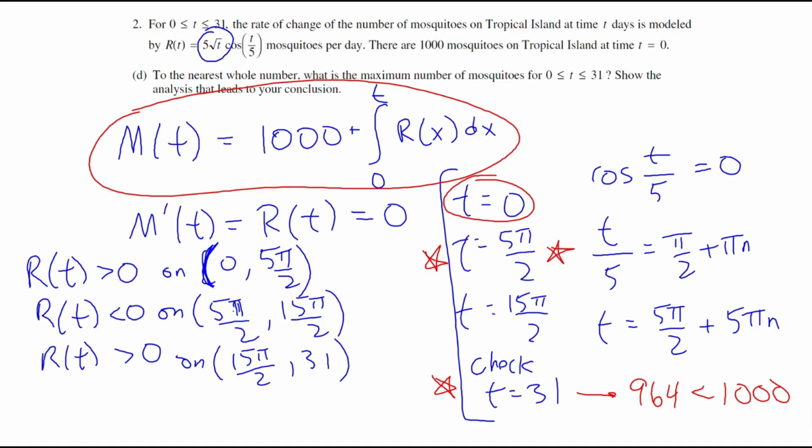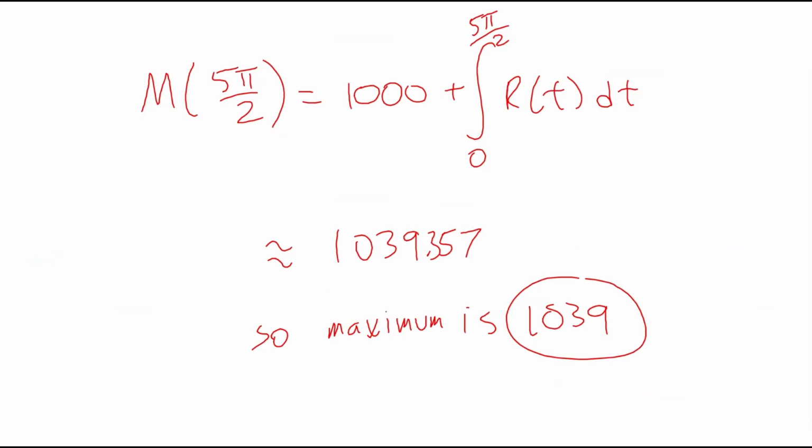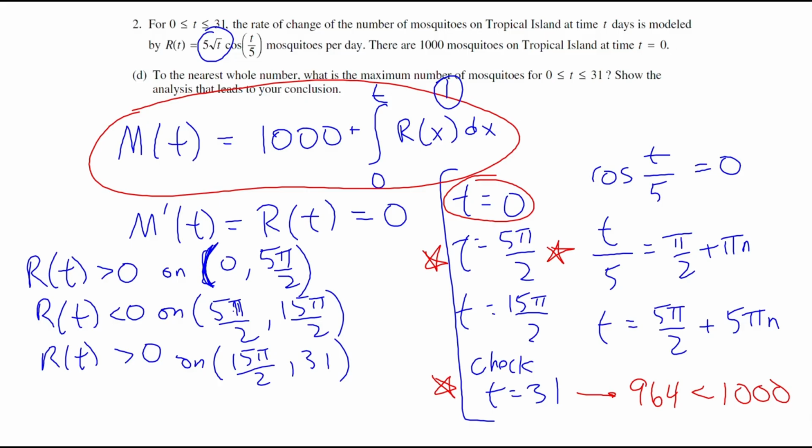So the first point came from writing out that we need to do this integral here. The second point came from actually having the answer right here. And then the third and fourth points came from the analysis, which was finding all of these values and then talking about why it had to be either 5 pi over 2 or 31, and then why we eliminated 31 as a possibility.